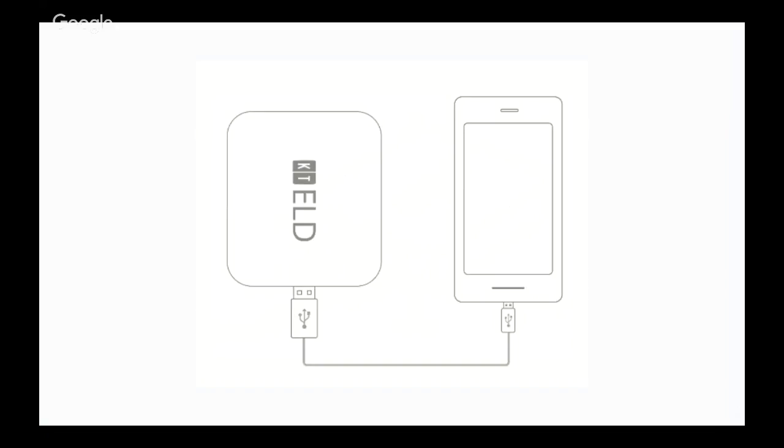It will ask you if it's okay to transfer data, and you can go ahead and click OK. Otherwise, it'll just charge your phone. So that's another way to connect to the ELD. Again, this is only for Android users because we experienced that older Android phones had a harder time with their Bluetooth connectivity. Apple users are only using Bluetooth.